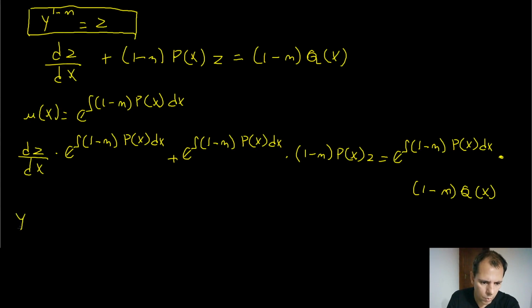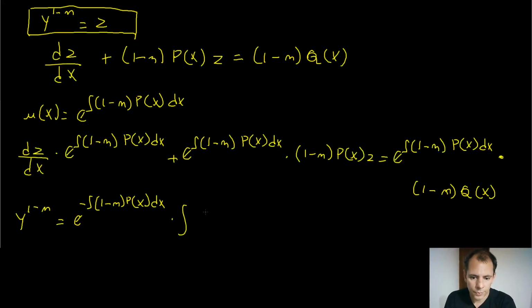So I'm going to say y to the 1 minus n equals, well, 1 divided by this stuff, right? Because it's 1 divided by the u of x, so it's going to be e to the minus integral of 1 minus n p of x dx, right?